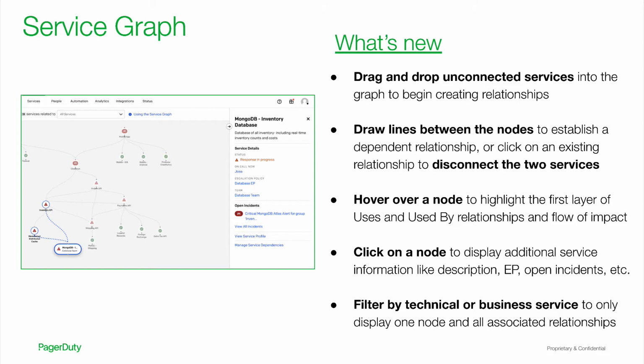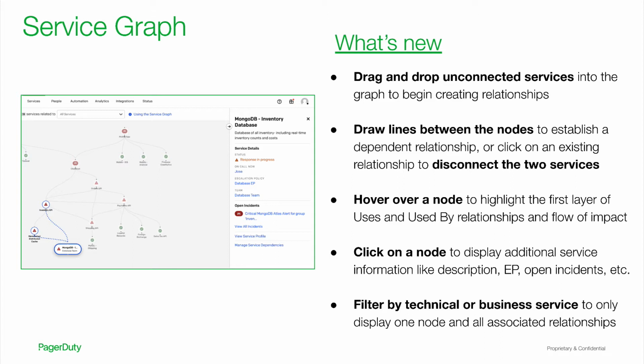If a user clicks on a node, the graph displays a side panel that you can see here in the visual, which shows various metadata about the service, including the service name, description, the response state like awaiting response or response in progress, for example, the escalation policy for technical services or owner for business services, the team, open incidents against that impacting service, and links to click through to the service profile or to manage dependencies.